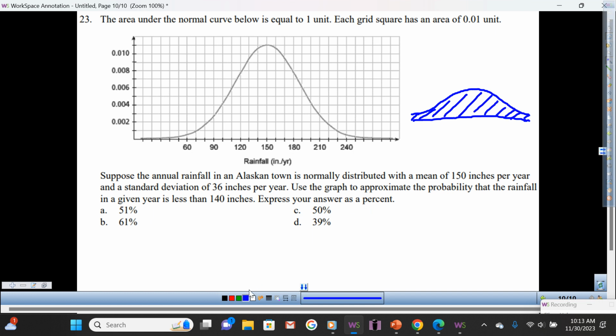Just to refresh your memories, the normal range, one standard deviation, was 68 point something. Then another standard deviation was 95 point something.